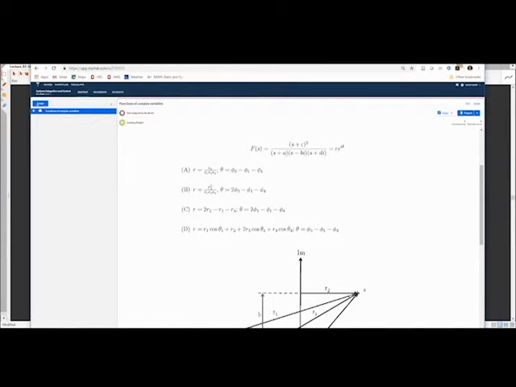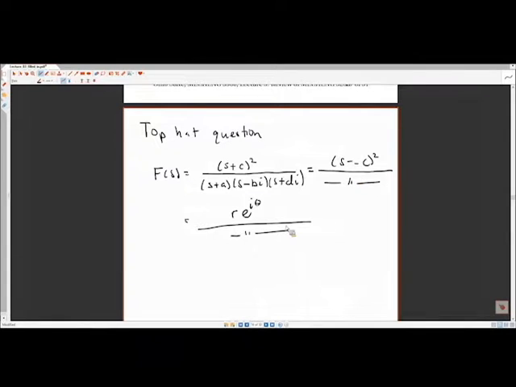So then what differentiates the solution between b and a is the fact that the numerator has a squared term in it. Right? So I could say this is equal to this vector going from negative c to s, squared.